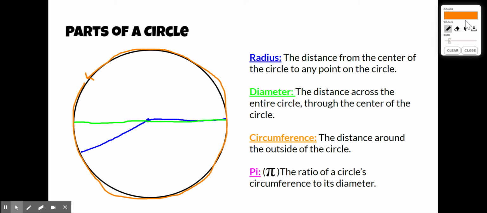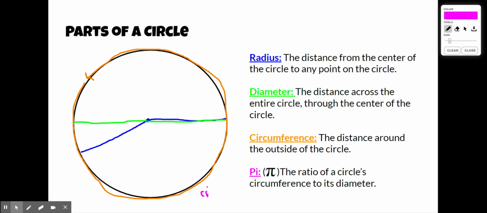The last thing I want to talk about isn't necessarily a part of a circle, but it's something that we're really going to be talking a lot about as we do some calculations with measurements of circles. And that is this term pi. And this is pi, P-I, not like the kind of pie that you might have had on Easter, but it's a really, really special number. And here's why.